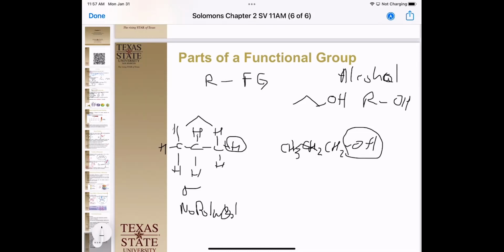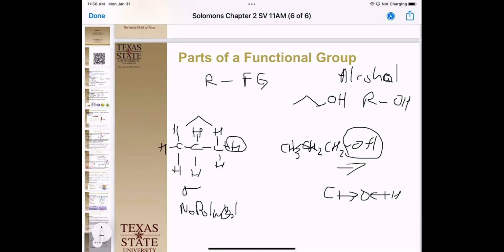Okay, so the idea here is that the H being substituted by that OH, number one, changes its physical properties. It now boils higher. And it's absorbable by the body and used in many metabolic processes. But it also has a polar group here: between the carbon and the oxygen is polar. But guess what? The oxygen with the hydrogen is also polar, right?